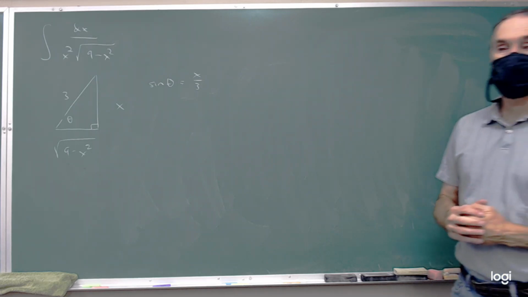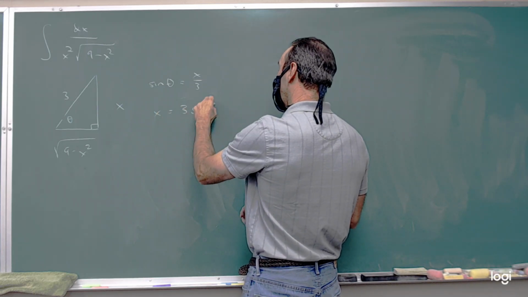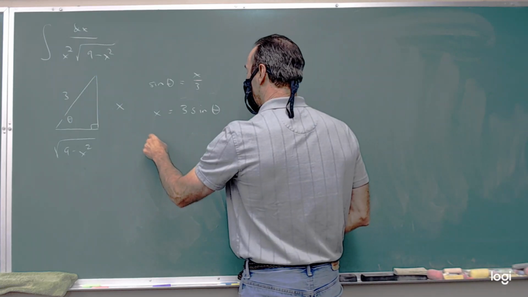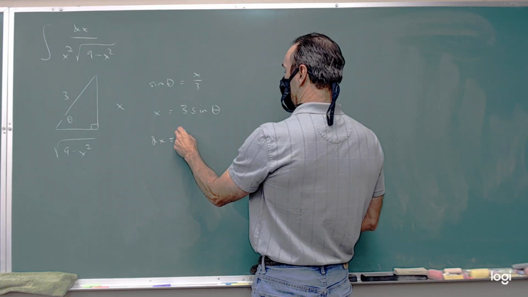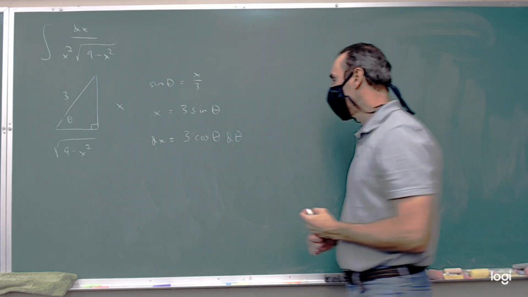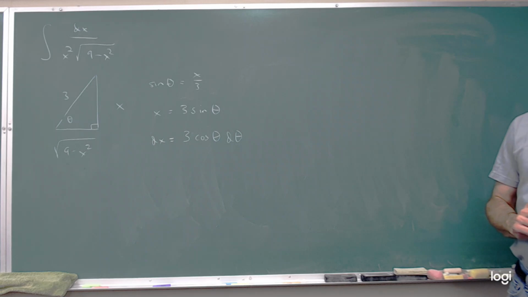So x is 3 sine theta, and then what are we going to do with the x? Take the derivative. So dx is going to be 3 cosine theta, okay, good, and there's our d theta. What else do we need to get? The radical. So how are we going to get the radical?